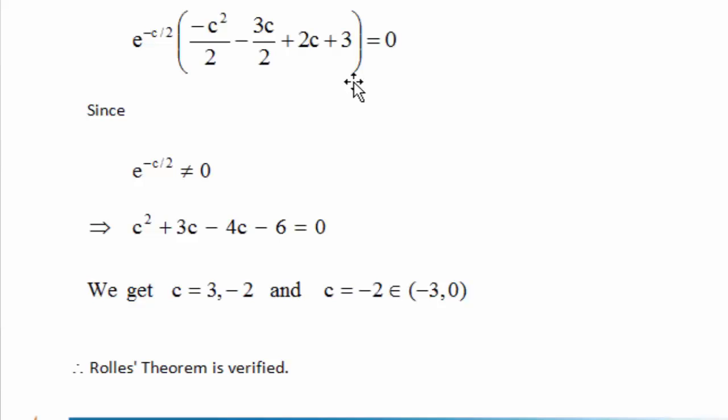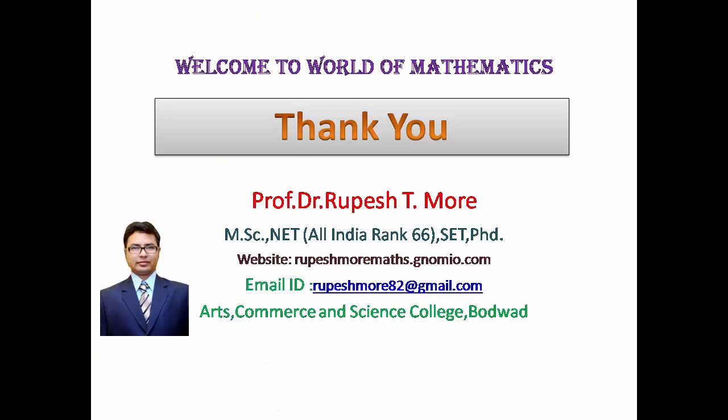If we simplify this, we get c square plus 3c minus 4c minus 6 equals 0, and after simplifying we get the two values for this quadratic equation in C: 3 and -2. We can observe that the point must lie between -3 and 0. So we get the guarantee from Rolle's theorem. In this way Rolle's theorem is verified.